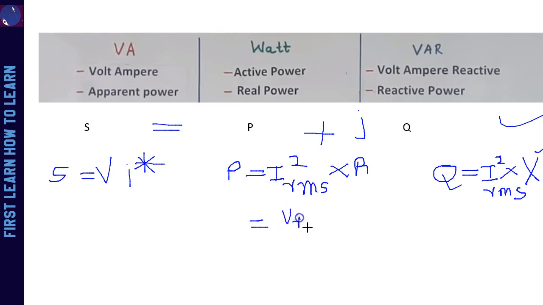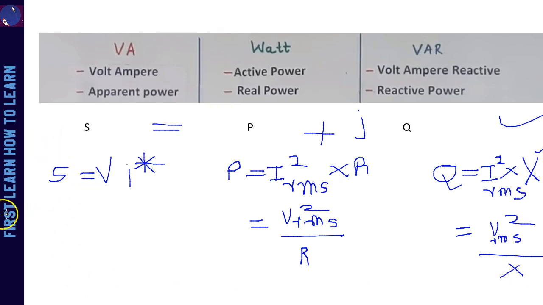Another formula can also be written as V RMS whole square by R. So just by the application of simple Ohm's law, that is V is equal to I into R, there are two forms of formulas for P. Likewise, for Q also, just by application of Ohm's law, I RMS square into X can be written as V RMS square divided by X.